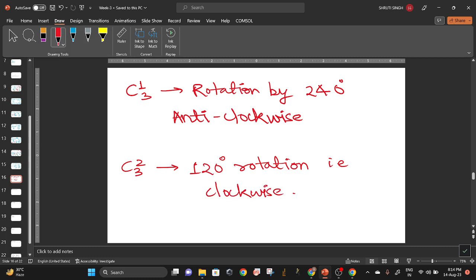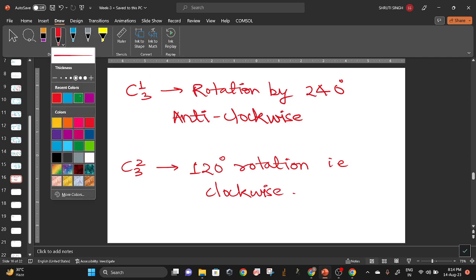This I have verified. This is given everywhere in books and on the internet also. So always, if not mentioned, we have to apply anti-clockwise rotation. Now madam, if we apply anti-clockwise, I think we will get the answer in this question.